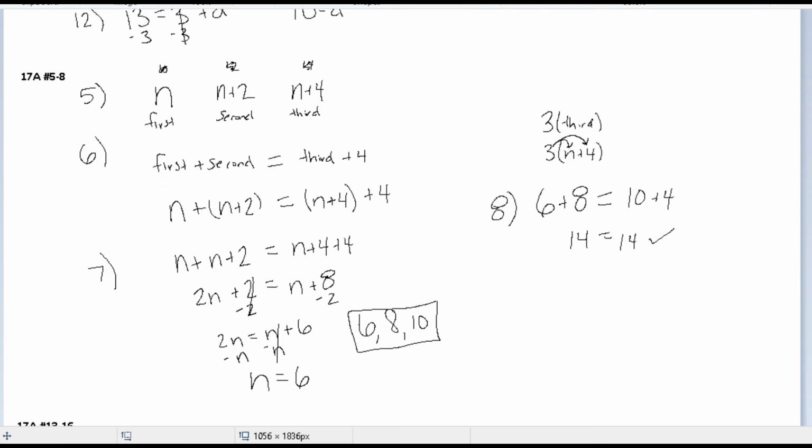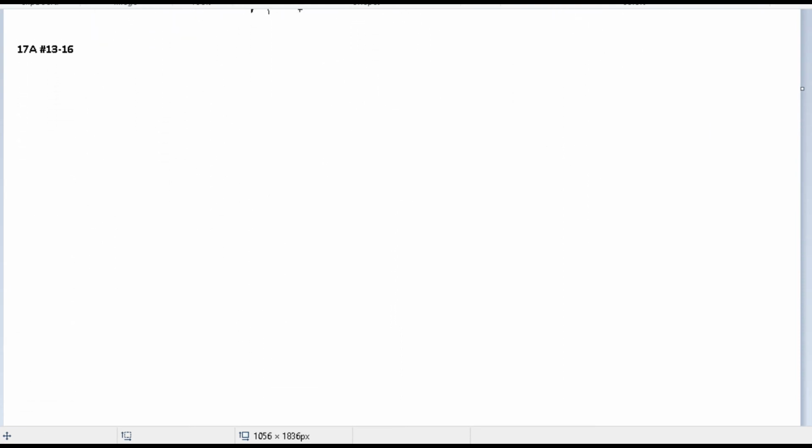Alright, the last one that we'll do is 17a, 13 through 16. So on the back of 17a, we're going to talk about consecutive odd integers. When we're doing odd integers, we're starting with n, and let's say that the integer was 13. The next odd one is 15, the next odd one is 17.